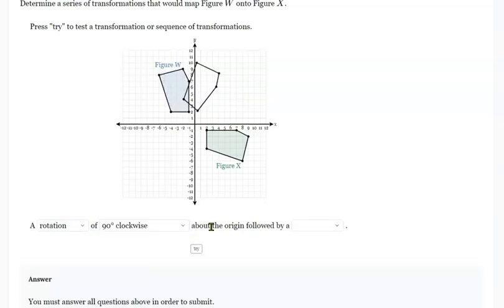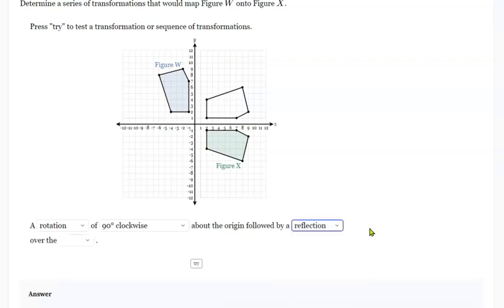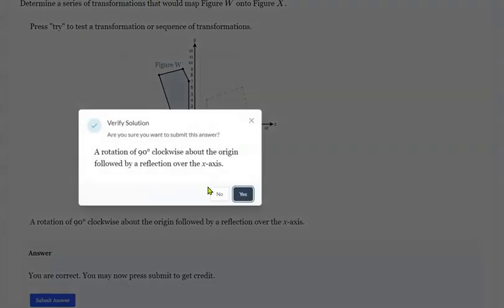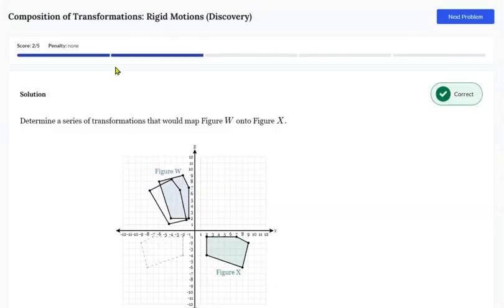I'm going to try it first and then see, perfect. Now I know if I fold it along this x-axis or reflect it over the x-axis, I'm going to get a perfect overlap. So rotate and reflect. Fantastic. All right. Good luck trying those transformations.